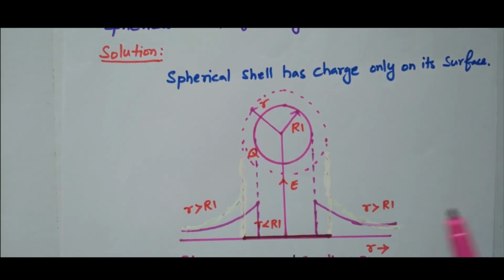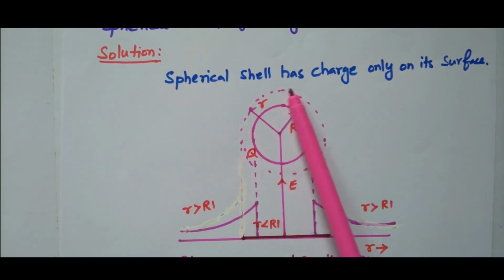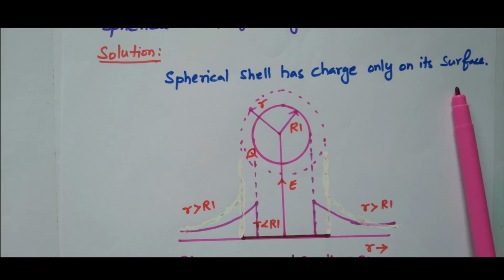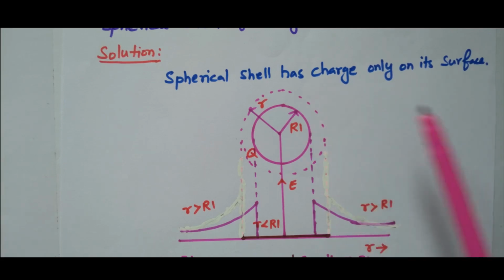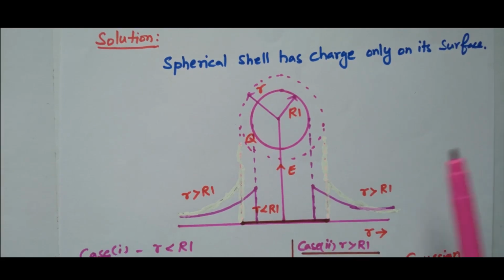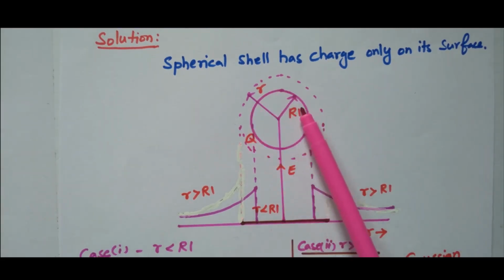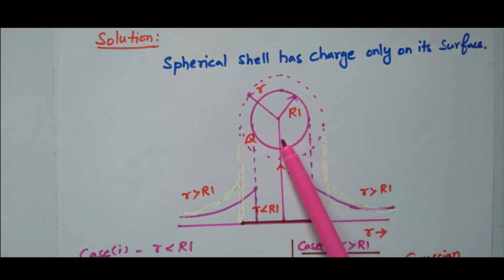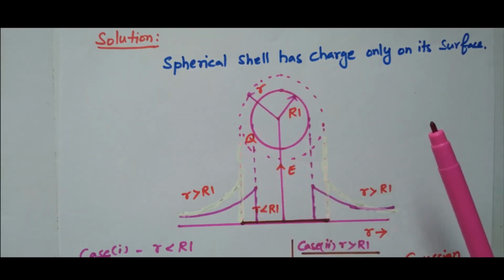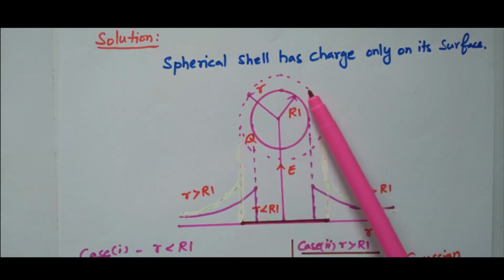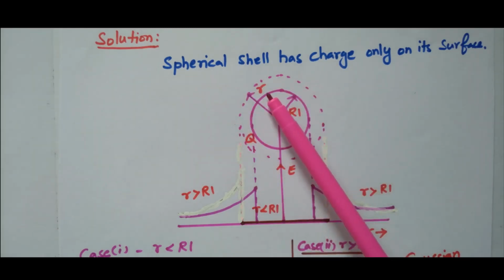We'll see the diagram. We consider that the spherical shell has charge only on its surface, not inside. Inside the charges are not available, only on the surface the charges are available. So this is a spherical shell with radius r1. Our aim is to find the variation between E and r. So this r is nothing but an imaginary Gaussian spherical surface with radius r.